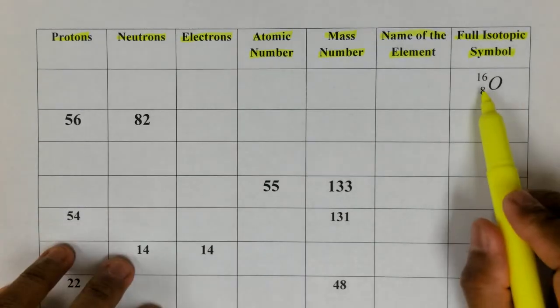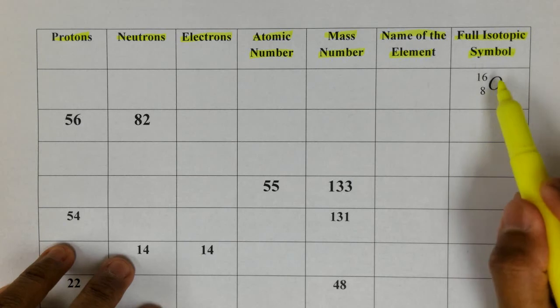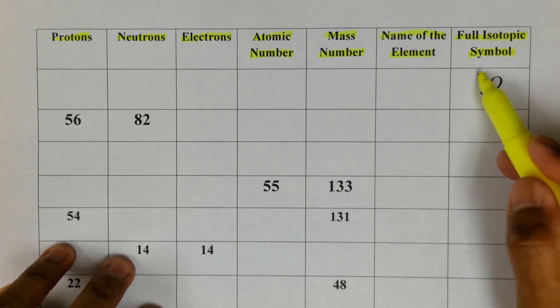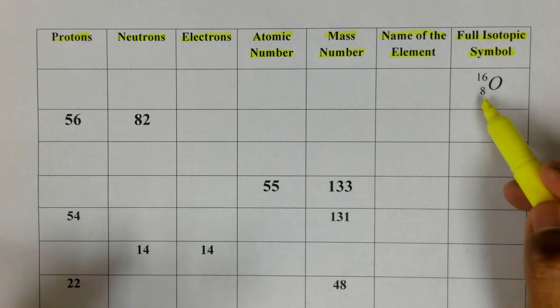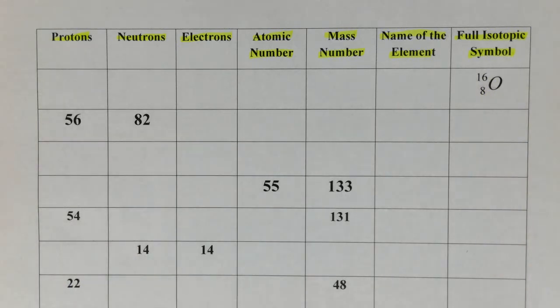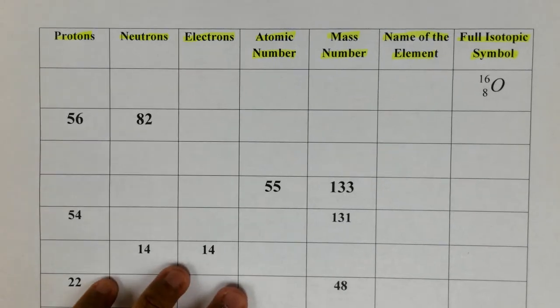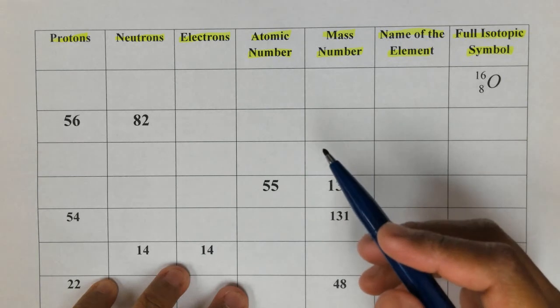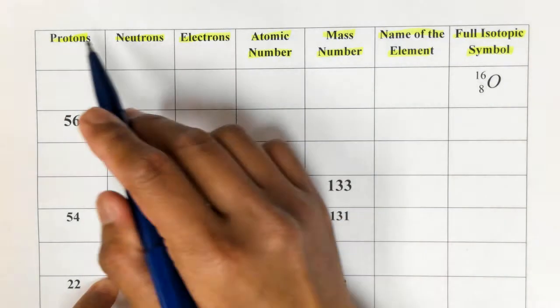This is our item number 1. We are given the symbol O, with 16 on top and 8 below. So that you won't get messed up putting the numbers on the right spot, I suggest that the first thing you do is put the labels in every column.